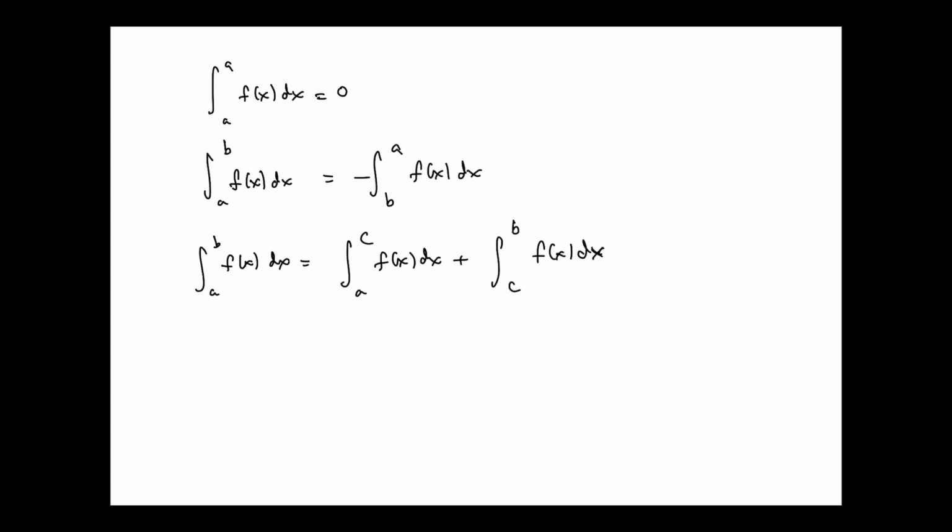Now, there's one caveat to this that was obvious in the graph case. What has to be true about the number C? It's got to be in between A and B. If it's not, then this doesn't really make sense, but if it is, it does hold. You will be able to do that when you don't necessarily have a graph, but the tricky part sometimes is choosing what C is.